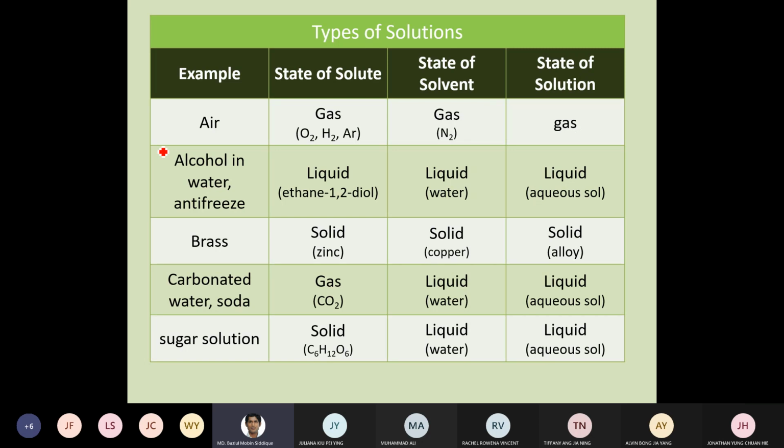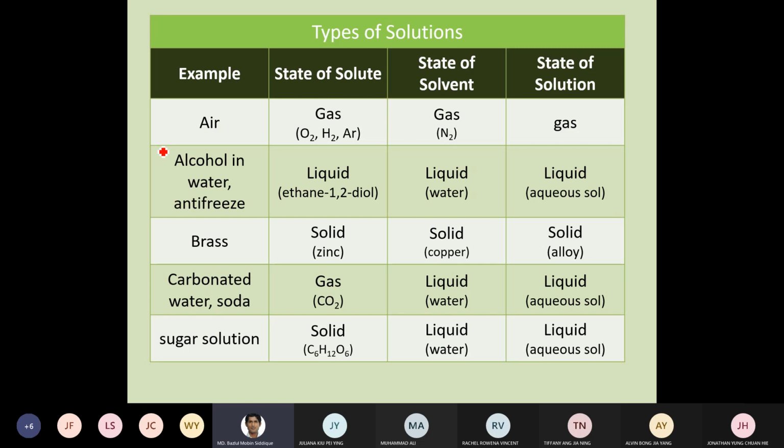These many things are the solute, and the gas that has the maximum amount is the solvent. Nitrogen by far is the maximum, 78% nitrogen in the air, we know. So nitrogen is the solvent, and the solute is the small particles: oxygen, hydrogen, argon, carbon dioxide, and even dust, all those things are solute. All right, so this is air, and we have seen liquid.